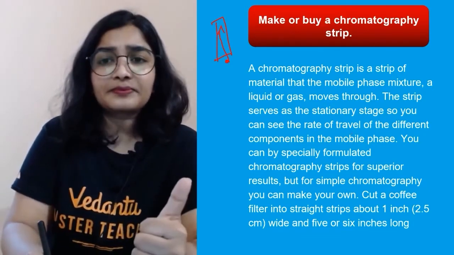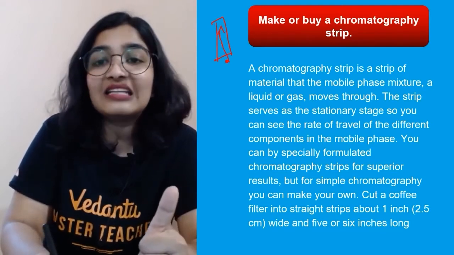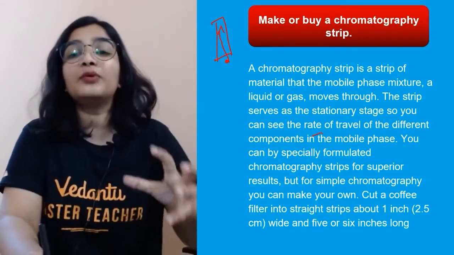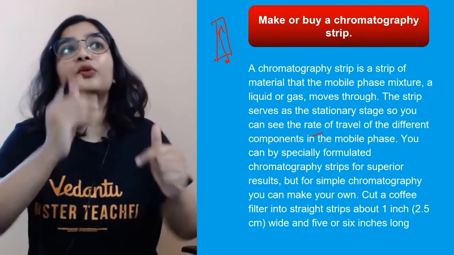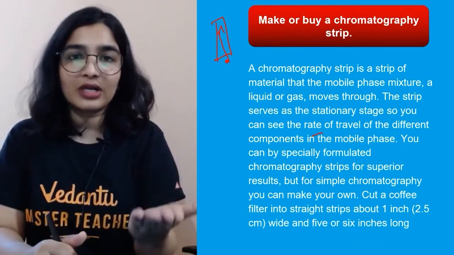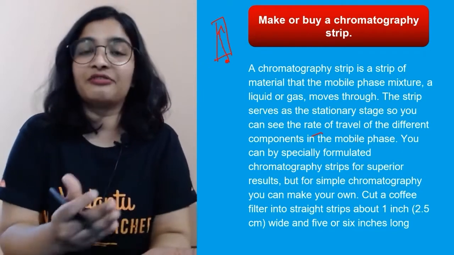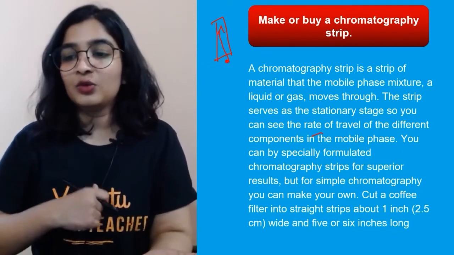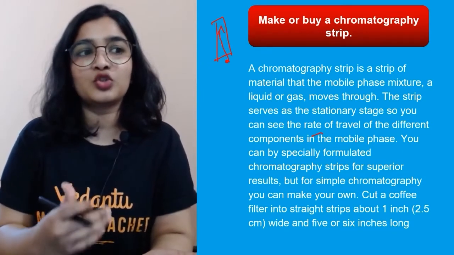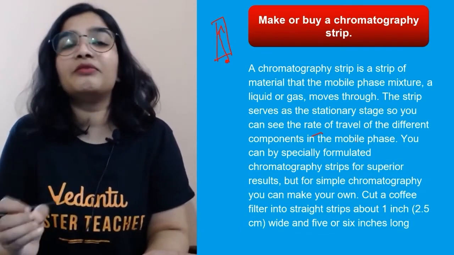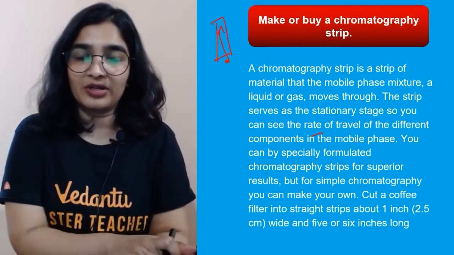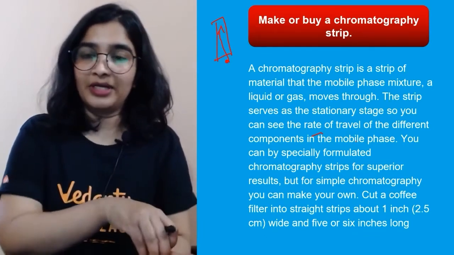Here you can even see the rate of travel of the different components in the mobile phase, because the colors will be different. There are a few cases in which, if you just look at the strip after it, you won't be able to see different colors. For example, we use thin layer chromatography to check the purity of a compound also. Then and there we get to know whether this compound is pure, consisting of only one kind of component, or different.